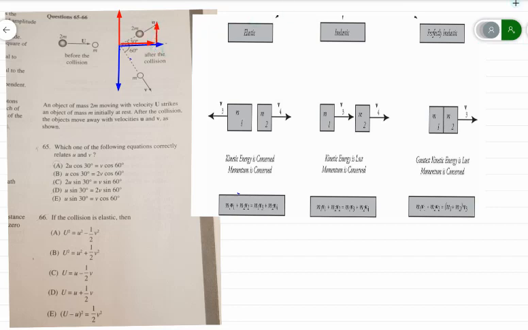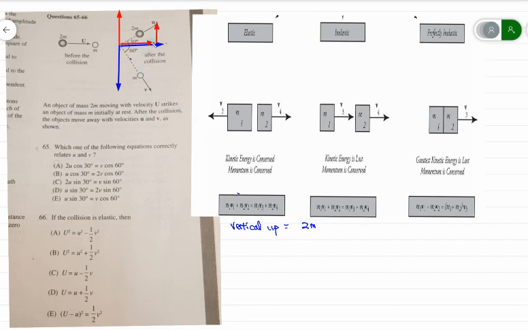Using trigonometry, vertically up, this momentum is 2m sine 30, the mass times the speed.